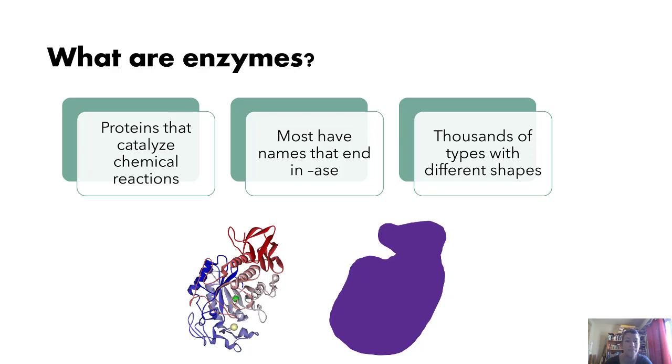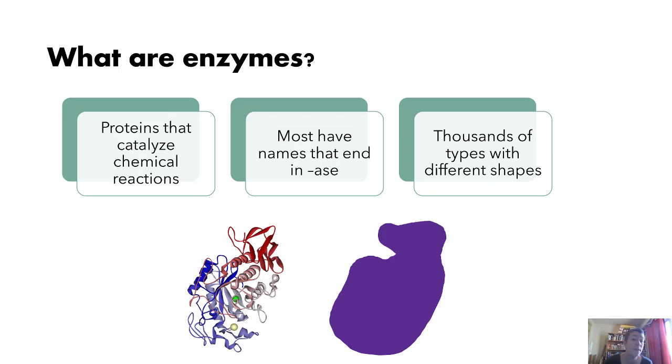Very dramatic. Most enzymes are going to have names that end in the letters ASE. So some examples would be lactase, which is the enzyme that breaks down the sugar lactose. Catalase, which is the enzyme we just mentioned that breaks down hydrogen peroxide.